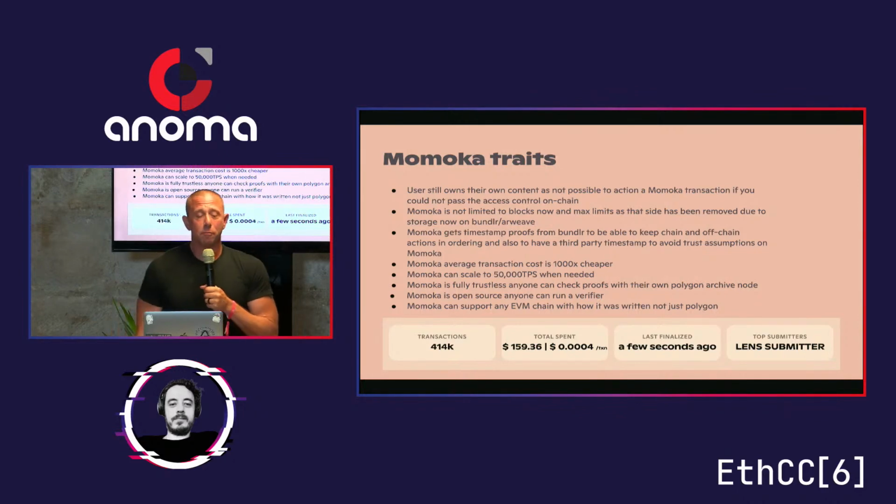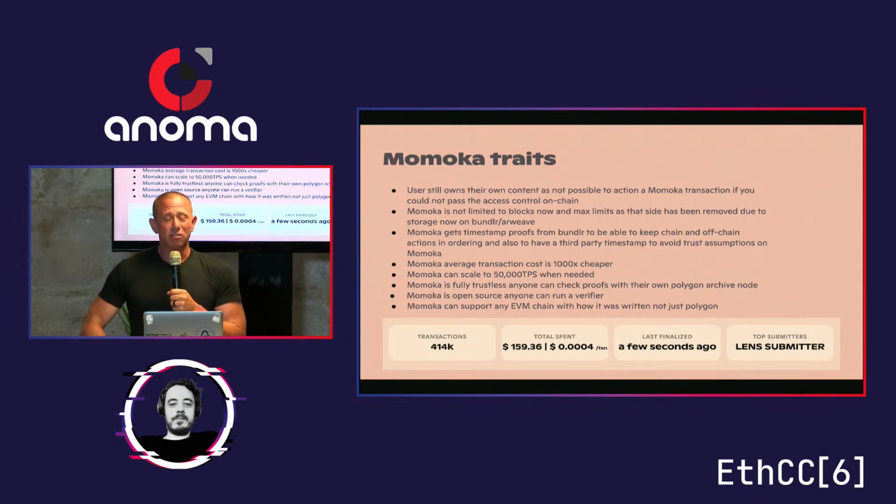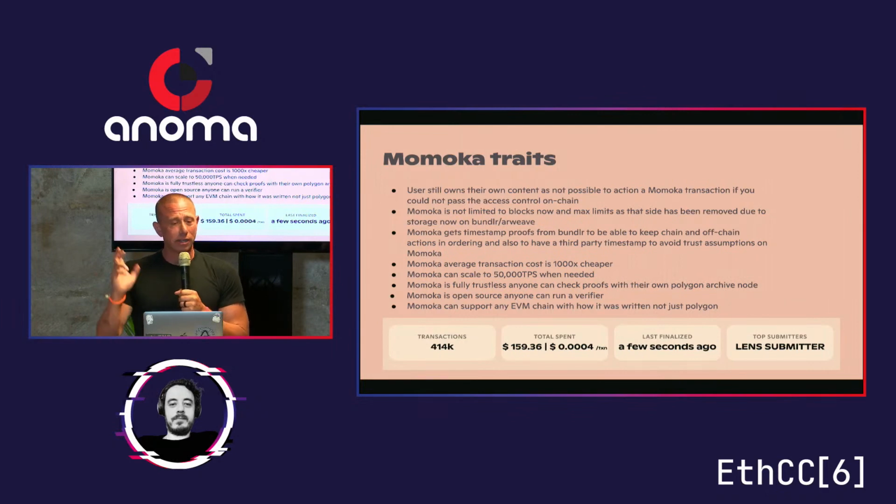And with Momoka, you again have all of the characteristics that you would want out of a blockchain and out of a system like this, but it's 1,000 times cheaper, around in that ballpark, not exactly, but in that range, and it's 1,000 times more scalable in that range.